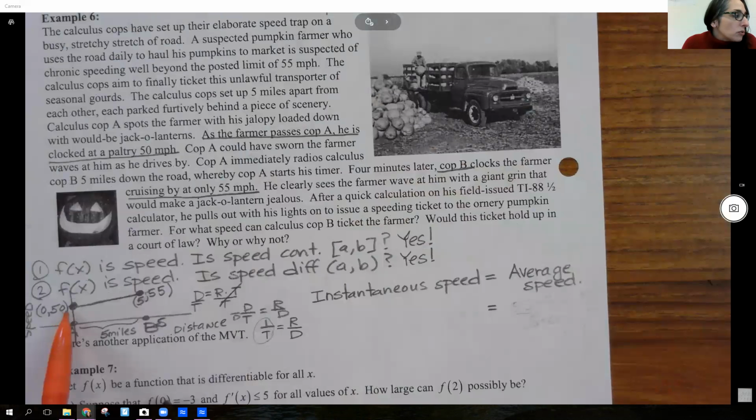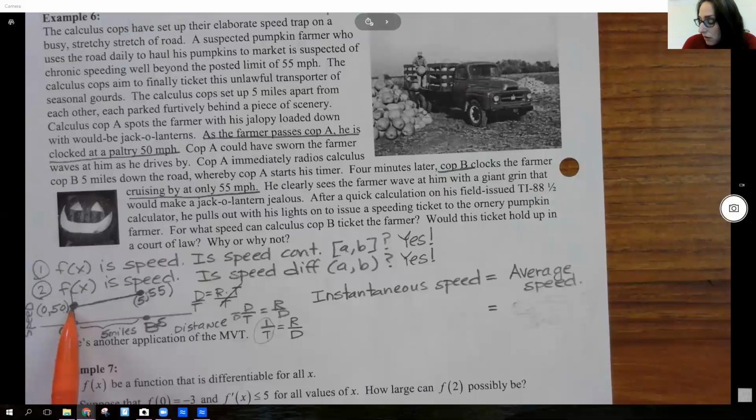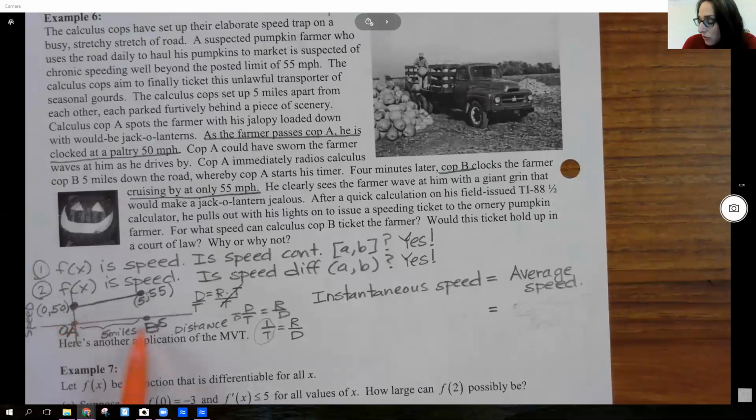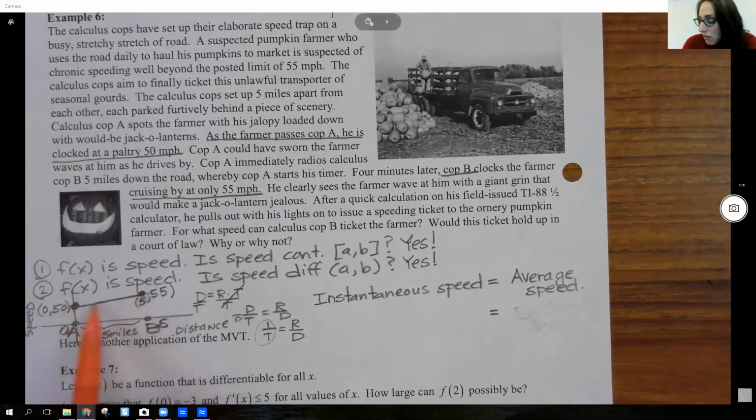He gets clocked at 50 miles an hour. And then 5 miles down the road, he gets clocked at 55 miles an hour. So what would be the average speed for this between 50 and 55?